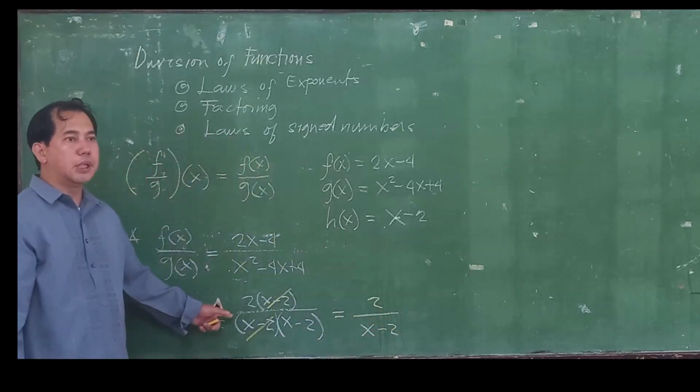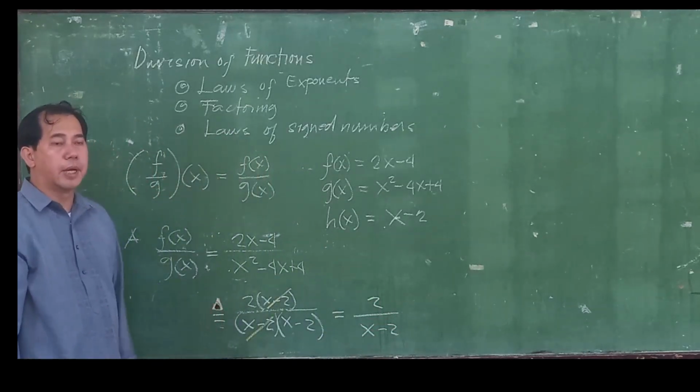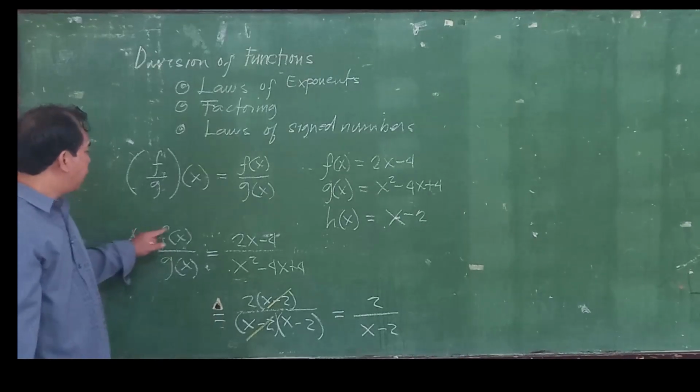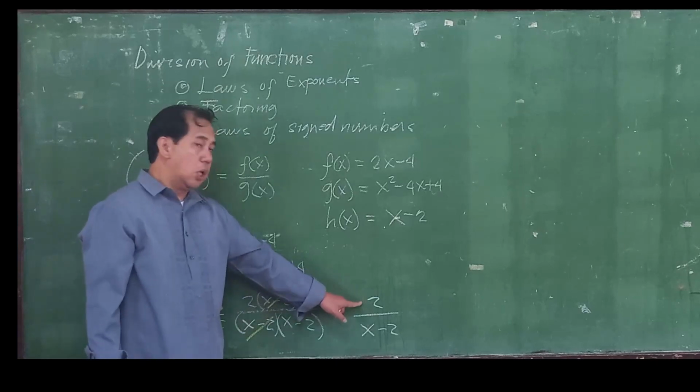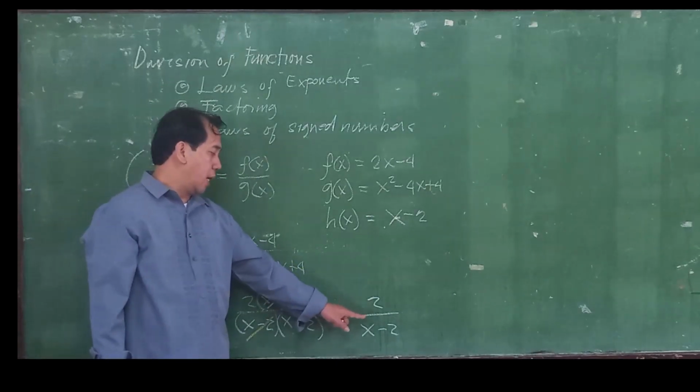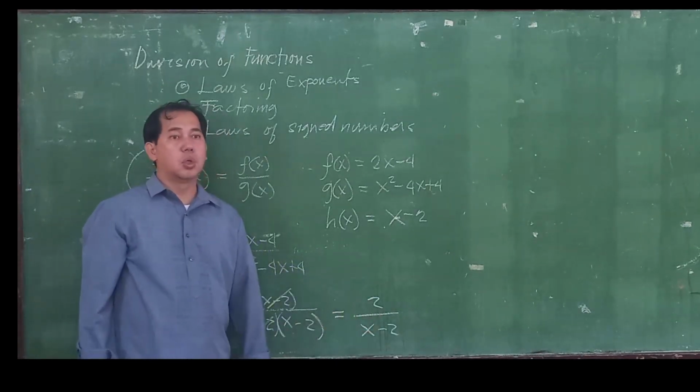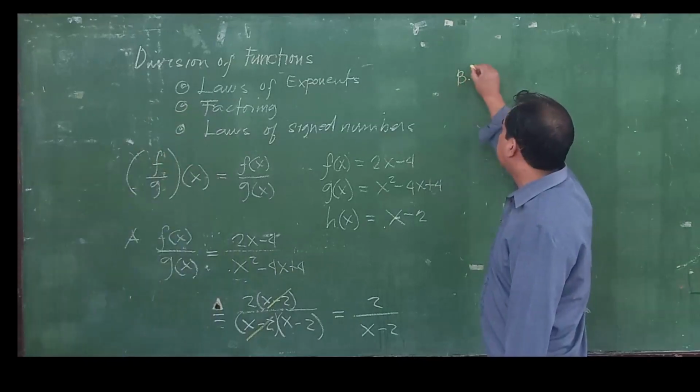That would be the result. What is the result of f of x divided by g of x? The result would be 2 over x minus 2 for our letter A.